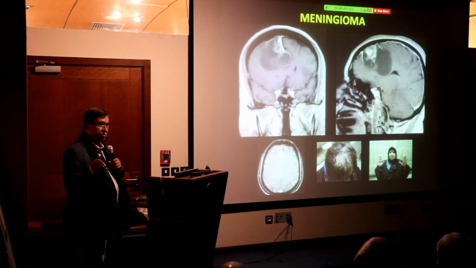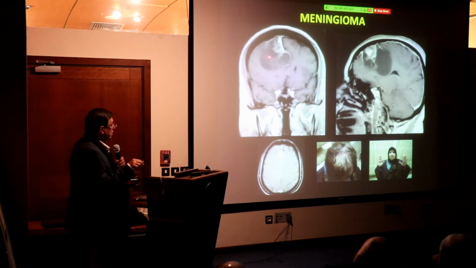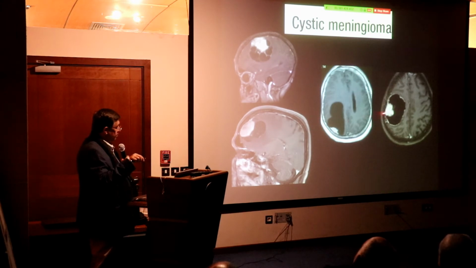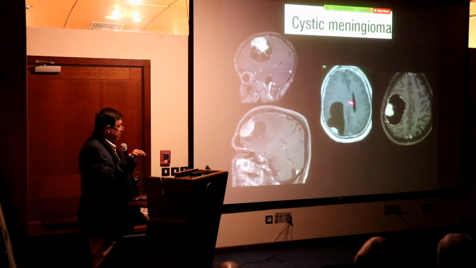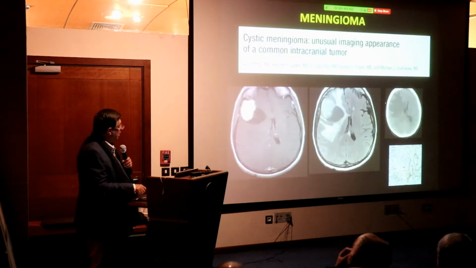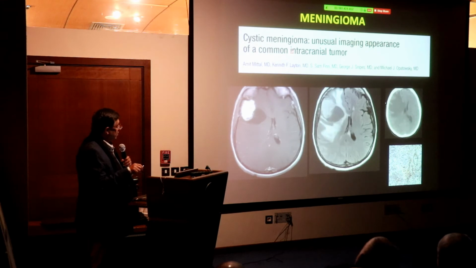Or could this be a meningioma? Some forms of meningioma are called cystic meningioma. Could that be? This is one of my patients. I never knew that this is meningioma until I took it out. Cystic meningiomas, don't forget this subgroup of meningiomas. Small tiny nodule and the large cyst.